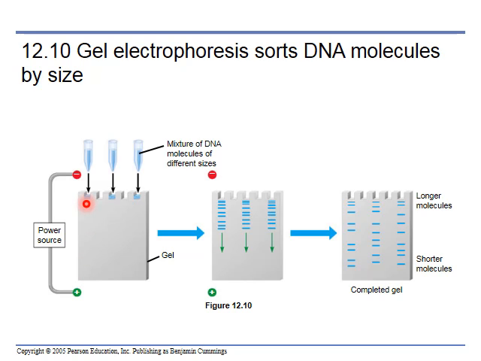A big old chunk of DNA is going to get trapped in the gel and not move very far. But if you've cut it into little itty bitty pieces, it's going to run pretty far down the gel. You can see over here, these are the longer molecules. These are all the big fat pieces. They didn't go very far. The shorter molecules go farther down the gel. And we can use that information to see what genes are there.